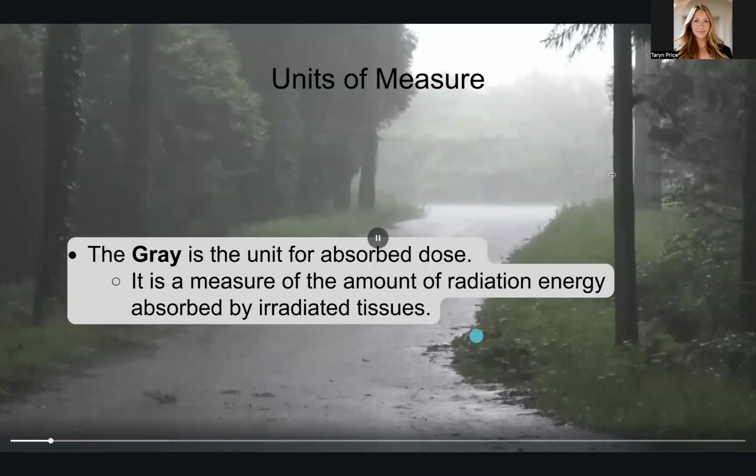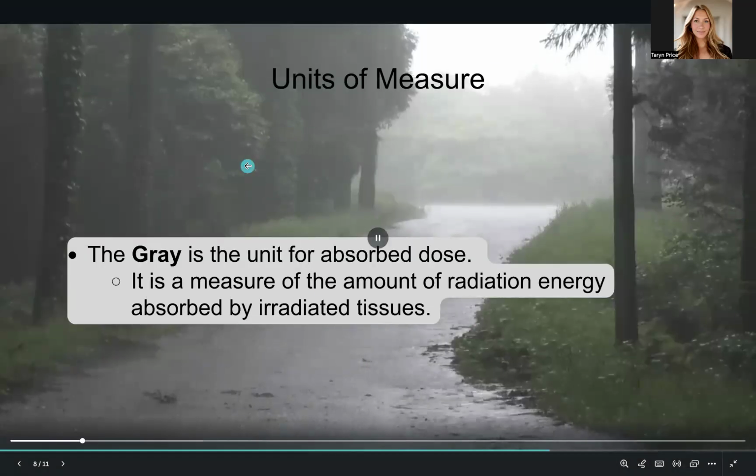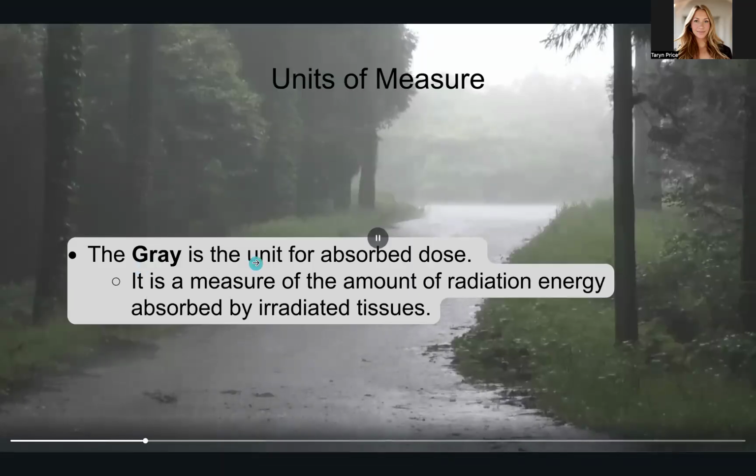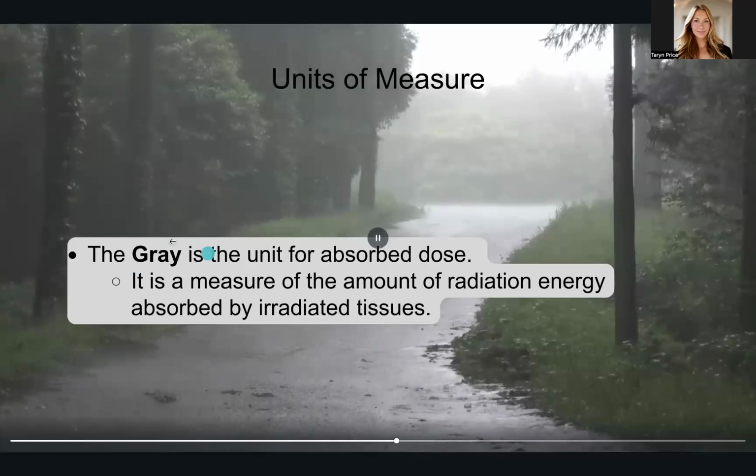I put in this kind of gray scene here, which actually I kind of like. But anyway, the gray is the SI unit for absorbed dose, right? So just continuing to talk about units of measure. And remember, when we're talking about radiologic units, which again, is going to be more of a focus in patient care and safety, we're talking about special units, right?